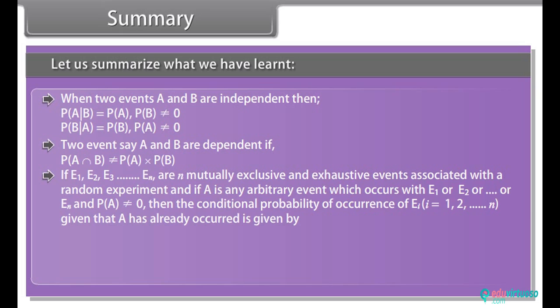If E1, E2, E3 and so on till En are n mutually exclusive and exhaustive events associated with a random experiment, and if A is any arbitrary event which occurs with E1 or E2 or up to En, and P(A) is not equal to 0, then the conditional probability of occurrence of Ei, for i = 1, 2, up to n, given that A has already occurred, is given by Bayes' theorem.